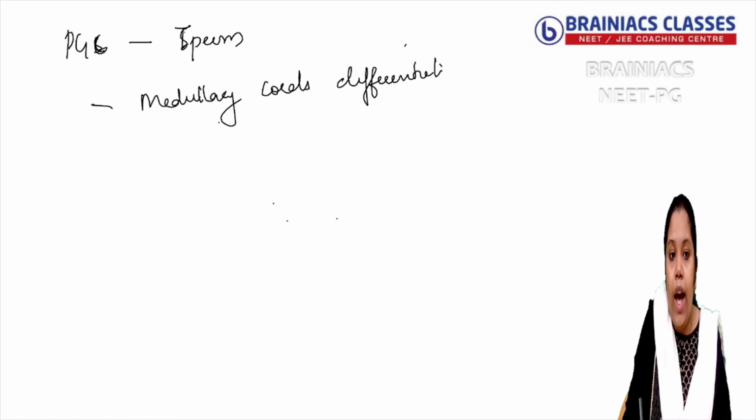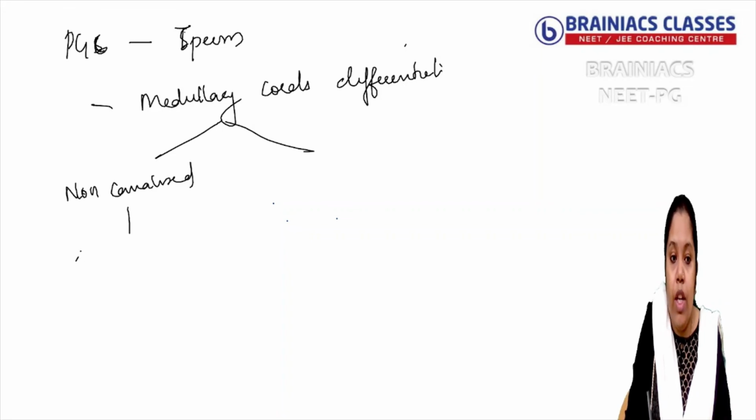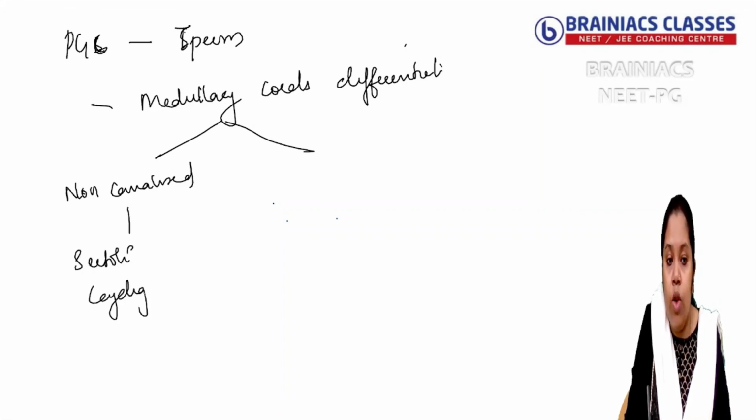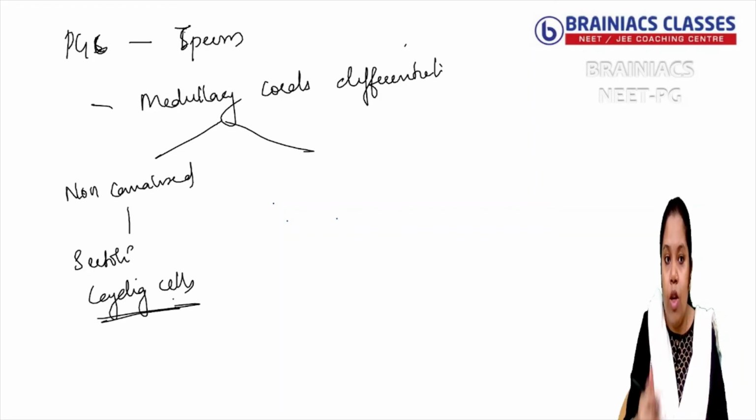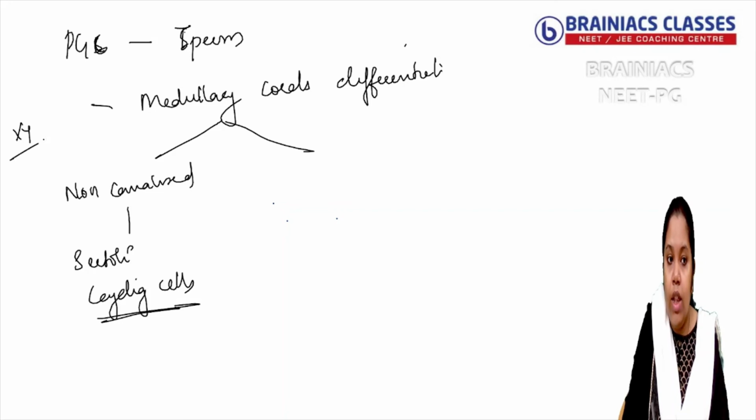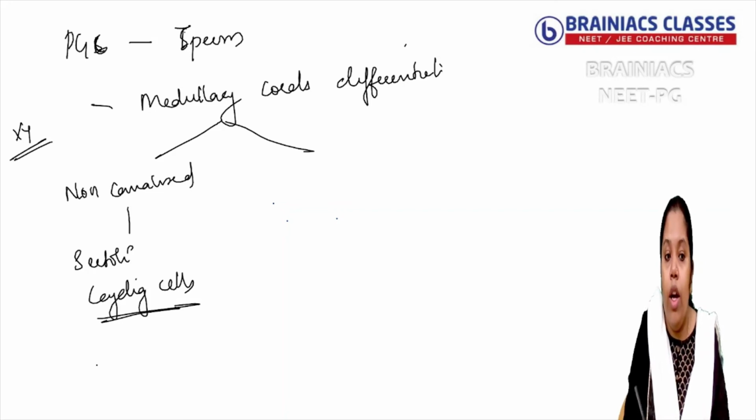The non-canalized part will give rise to the Sertoli cells and Leydig cells. If the primordial germ cell is XY, then it will give rise to Sertoli cells and Leydig cells.